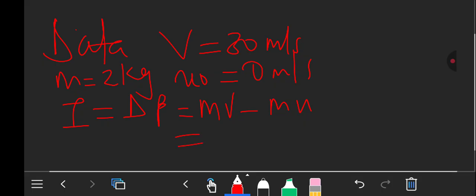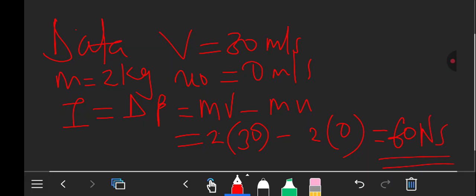What is the mass? The mass is 2 kg. Final velocity is 30, minus the mass, 2 kg, times the initial velocity, which is 0. So this gives us 2 times 30, that is 60. 60 minus 0 is just 60. The units are Newton second. So the impulse is 60 Newton second.